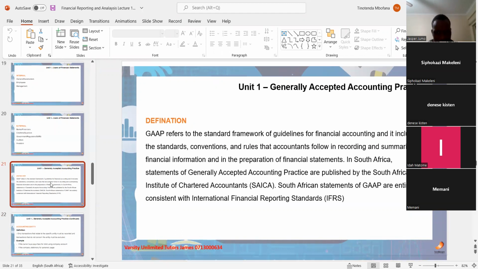Okay. Then the next thing is the accounting practices, the generally accepted accounting practices. So remember, I talked about the bookkeeper, who I told you is the one who gives you the trial balance, or the one who keeps the accounting records of the company. So when the bookkeeper is keeping the accounting records of the company, just think of it this way, right?